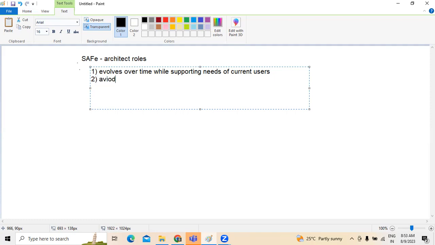Second, it avoids overhead and delays which are associated with phase gate and BUFD methods. At the same time, this also ensures that the system always runs.